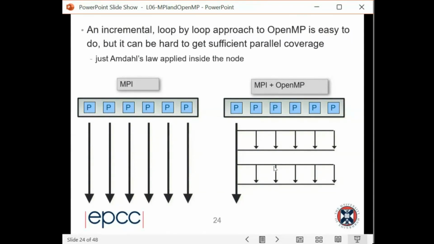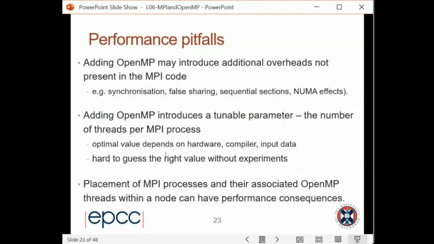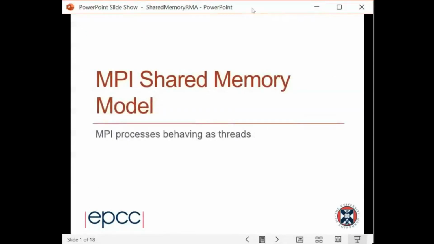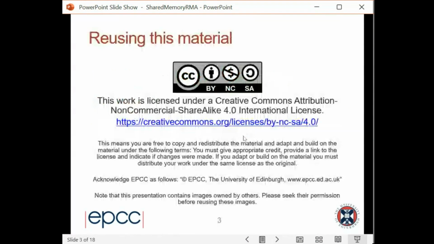So what would be nice is if we could have MPI processes behaving like threads. And that is what this talk is about. The MPI shared memory model is MPI processes behaving as threads.